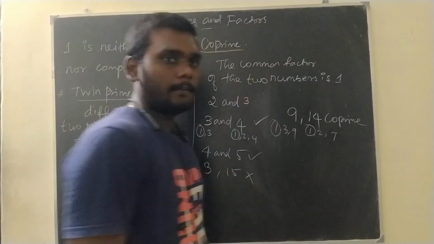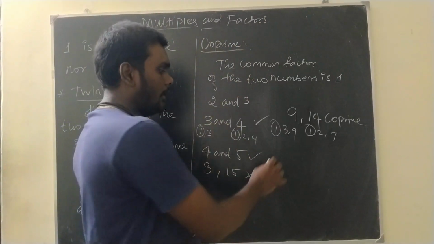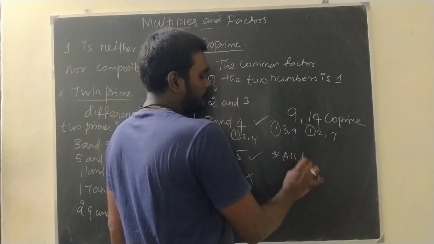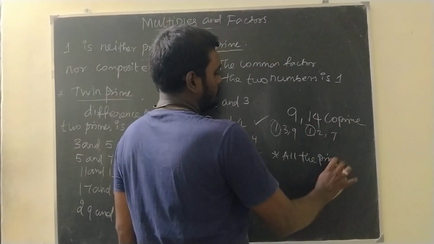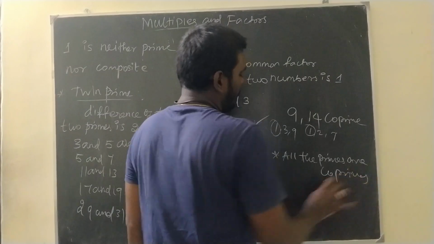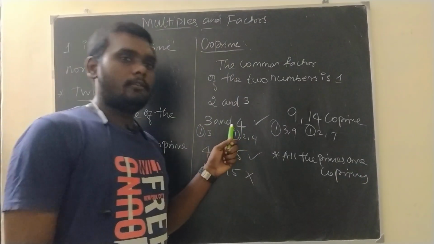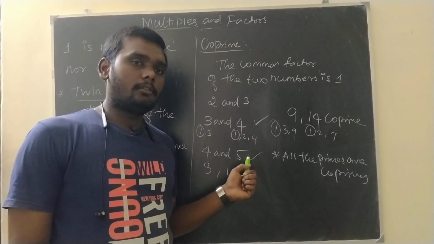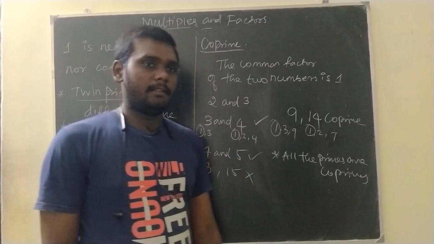Now we are going to analyze this. As I said, all the primes are co-primes. And see, 3 and 4 we got co-prime. 4 and 5 we got co-prime. 5 and 6, what do you think?